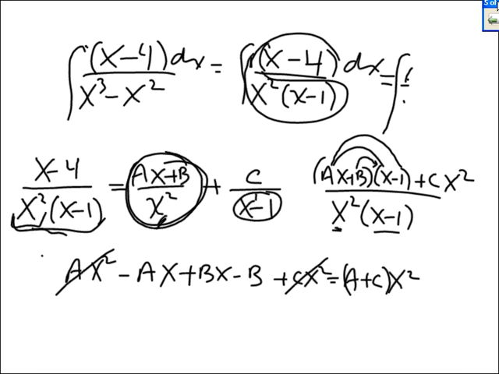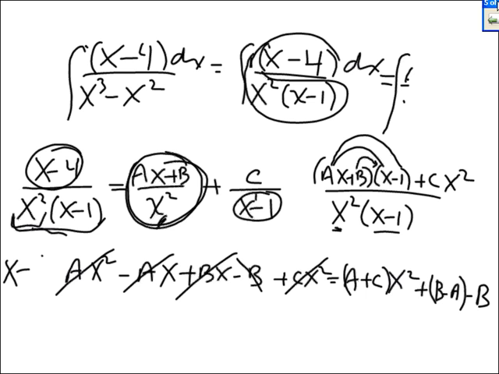I hate negatives, so I'm going to write the positive x's first. I have b x's, and I'm taking away a. That is, I have b minus a. And the constant is just negative b. And this should equal the other numerator, x minus 4.